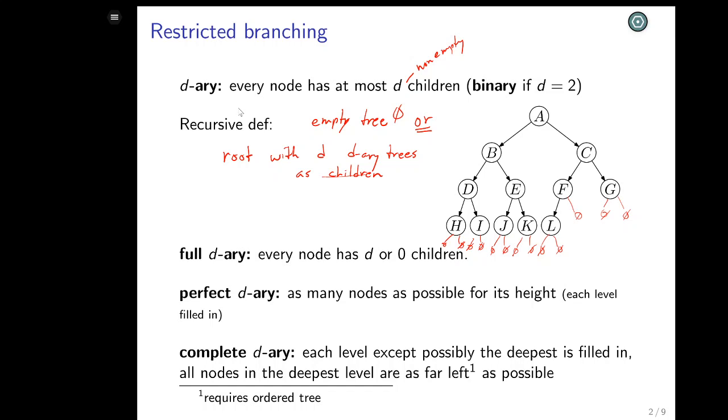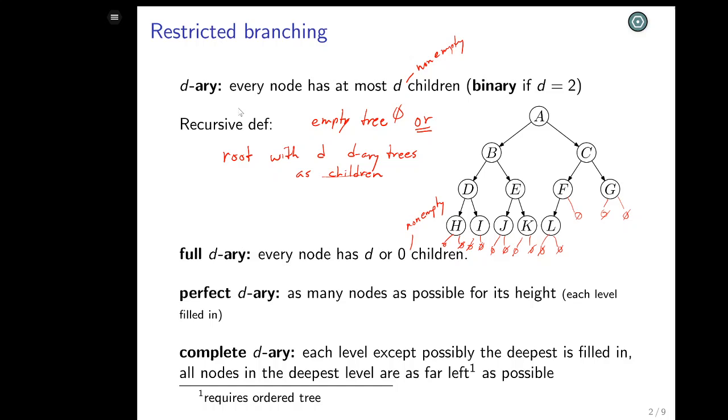So even here, every node in a full d-ary tree has d or 0 non-empty children. So that's a full d-ary tree. It's like every node in it is full, or it's a leaf. Every node has got as many children as it could possibly have, or it's a leaf.